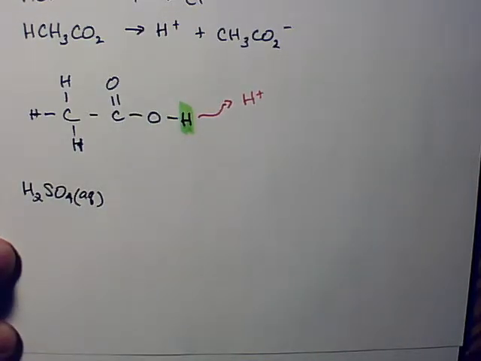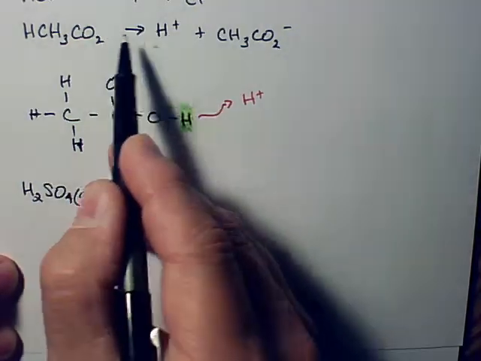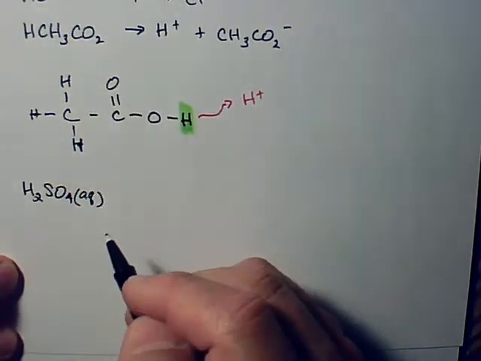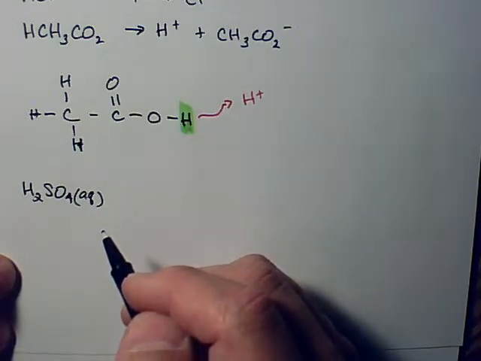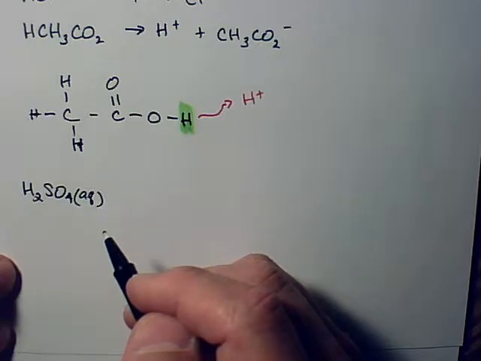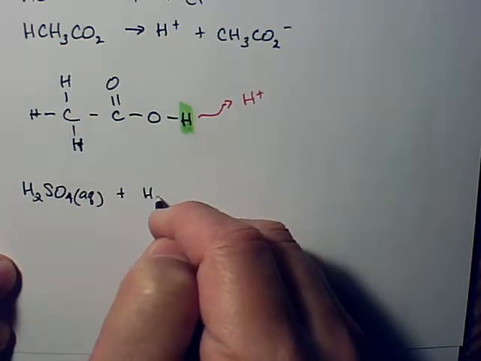There's two hydrogens that can be pulled off. So I'm going to switch gears. I was using Arrhenius up here. I want to go to the Bronsted-Lowry theory of notation, okay? Everybody okay with that? Anybody? No objections? Okay, good.